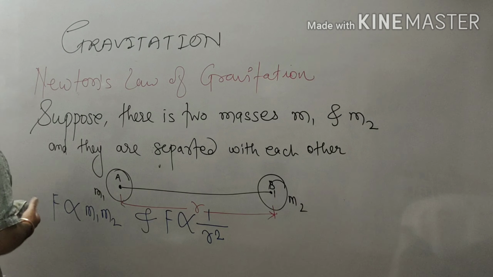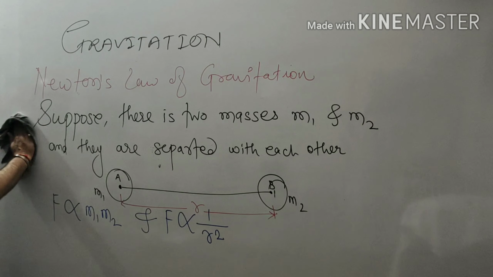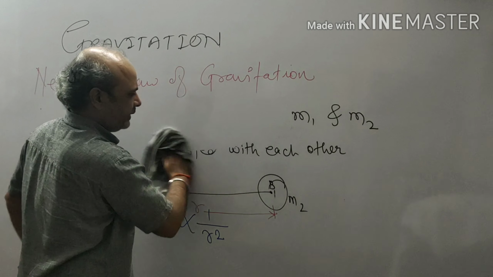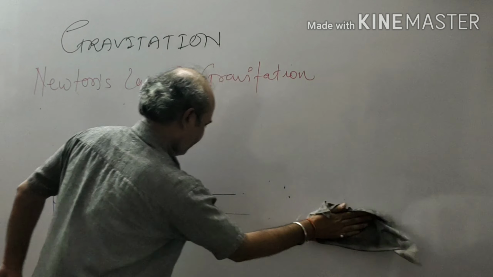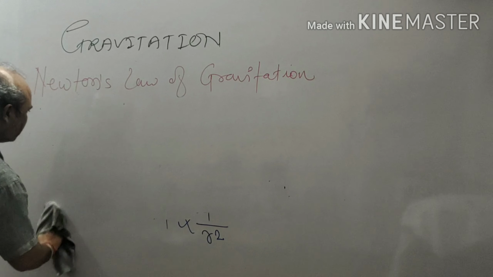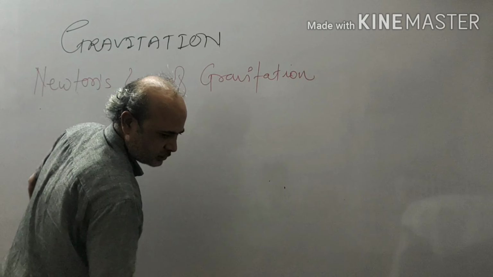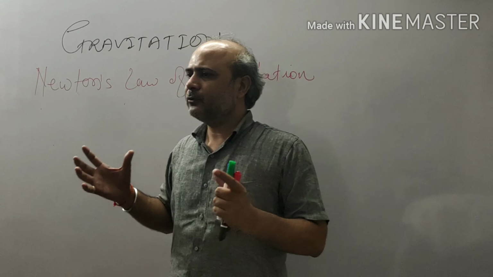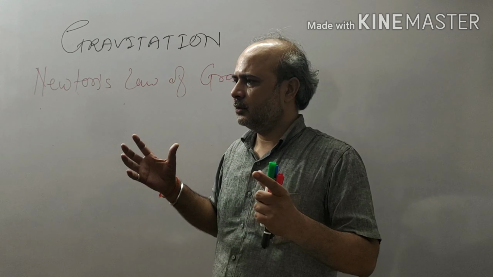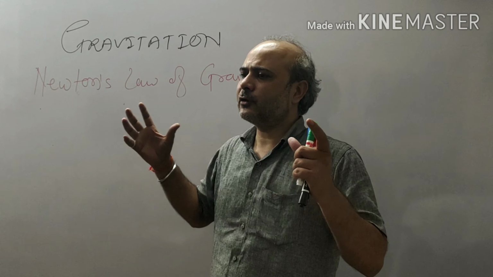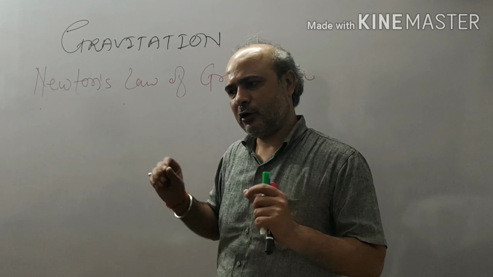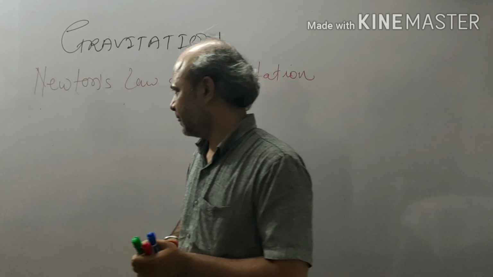Now students, we will solve it mathematically. We will combine these two laws, the force between two objects. According to Newton's law of gravitation, the force is directly proportional to the product of their masses and inversely proportional to the square of the distance between them.